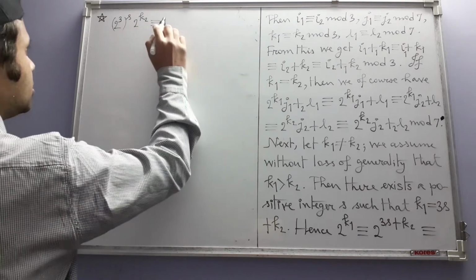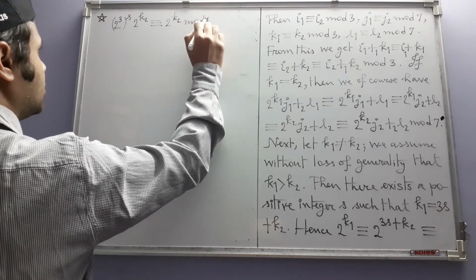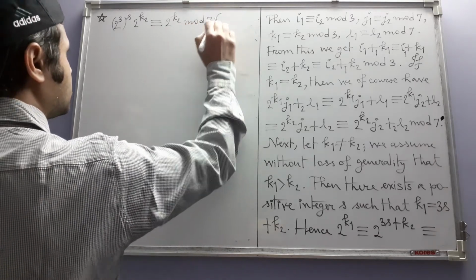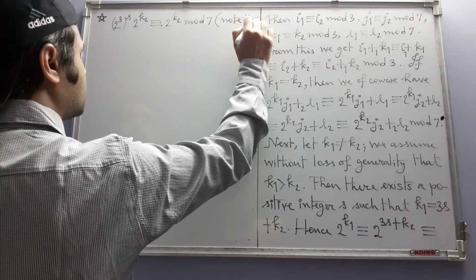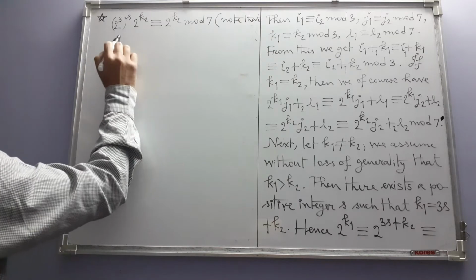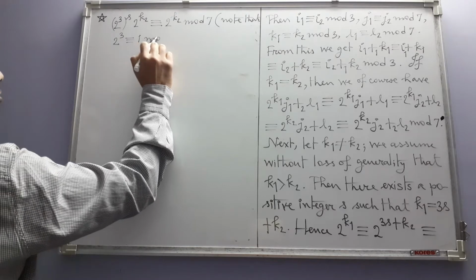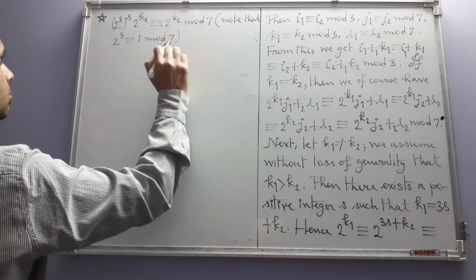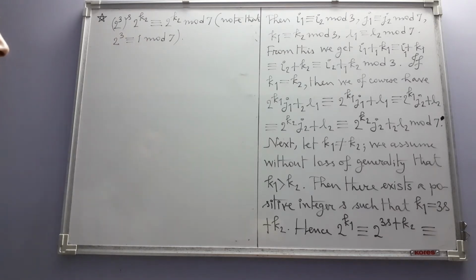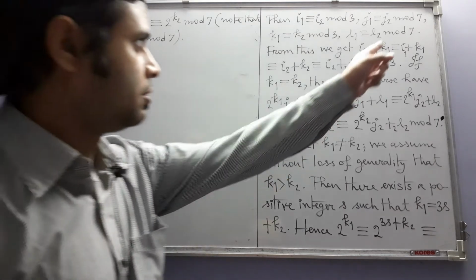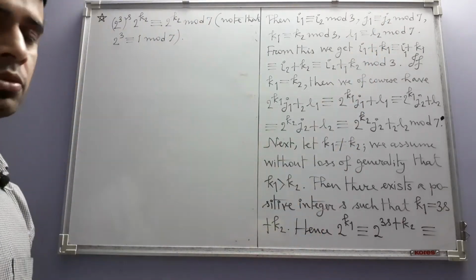Now this is congruent to 2 to the power k2 mod 7. Why? Because 2 cubed is 8, which is congruent to 1 mod 7, so that thing vanishes. Now you look at this congruence and this last one.